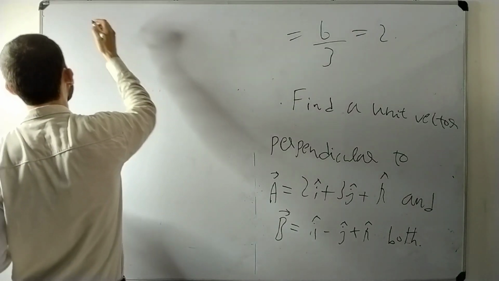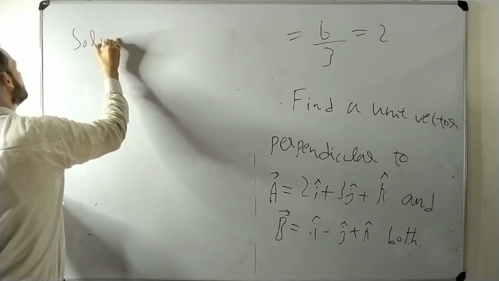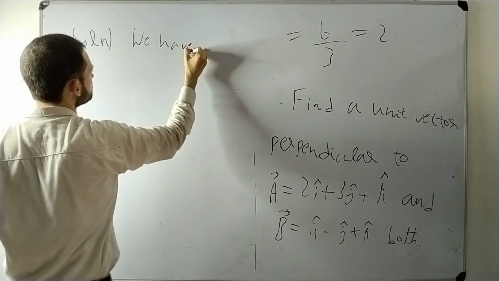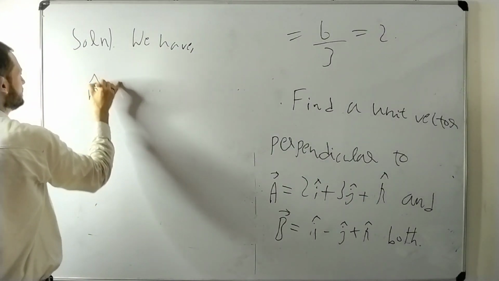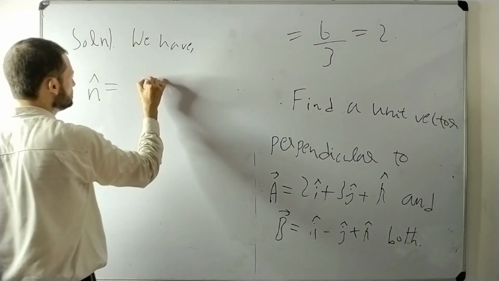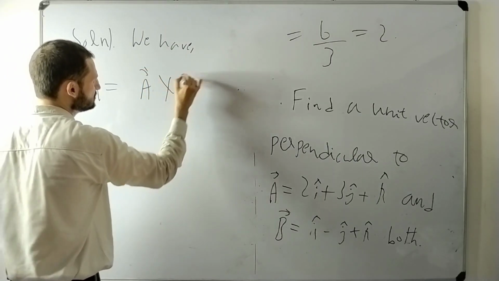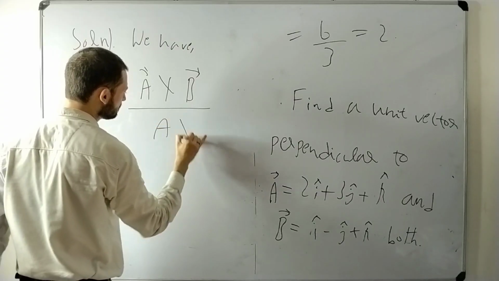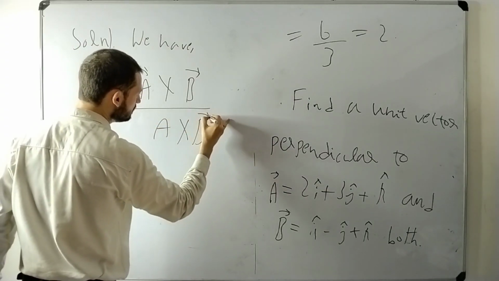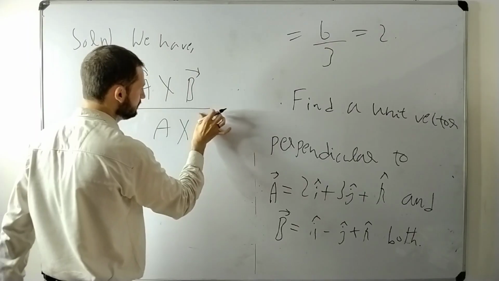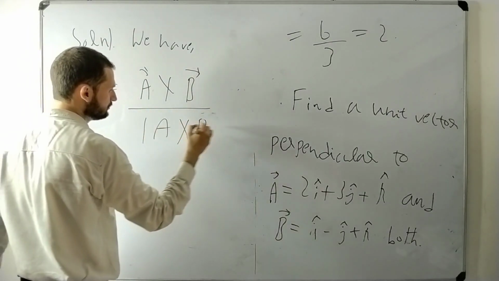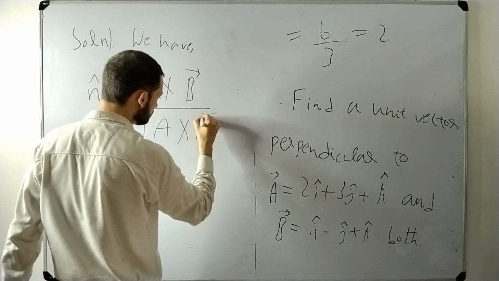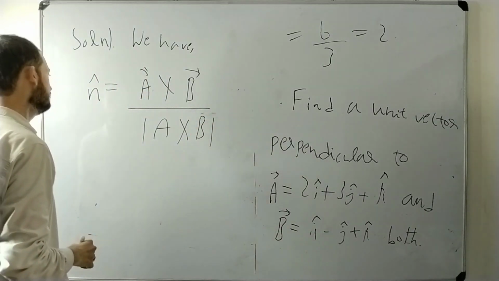So for the unit vector, we have the formula of it. Unit vector n cap equals A cross B divided by the modulus of A cross B. Now it is perfectly fine.